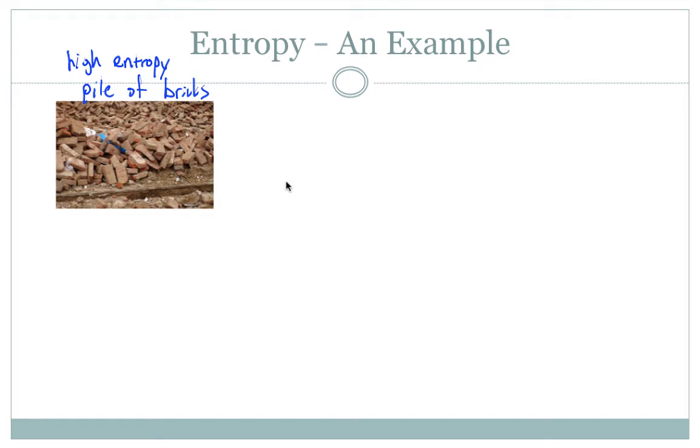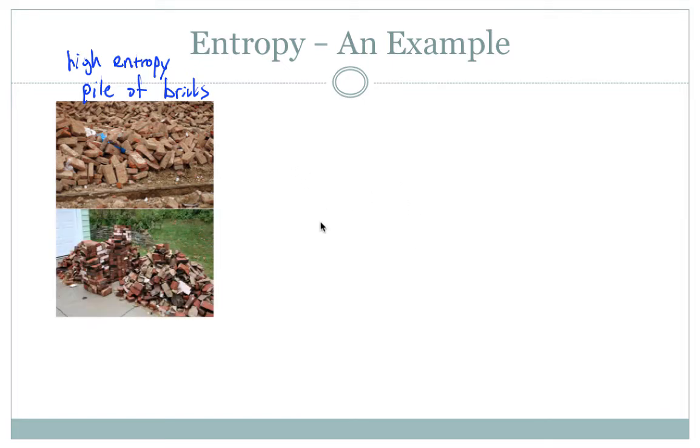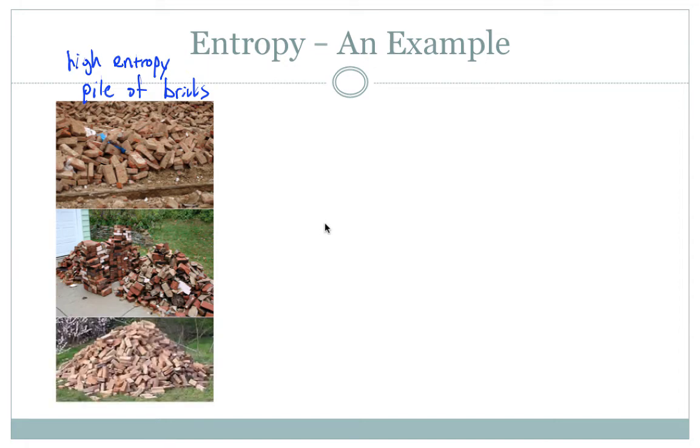Likewise, there's a high probability that we would get a pile of bricks similar to this one, or a pile of bricks similar to this one. All these piles are different from one another, but at the end of the day, they're all the same thing, a pile of bricks. And if we dumped bricks out of the back of a dump truck millions and millions of times, almost every single time we would get one of these possible outcomes.